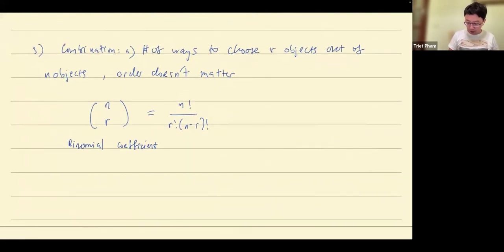The reason is because we can have something like this: x plus y raised to the nth power will be the sum, k runs from 0 to n, of n choose k, x to the k, y to the n minus k.